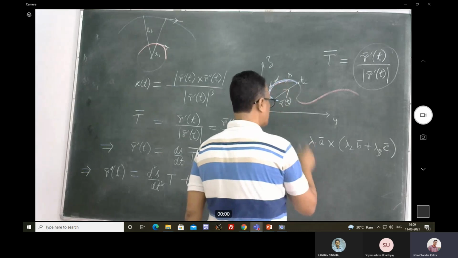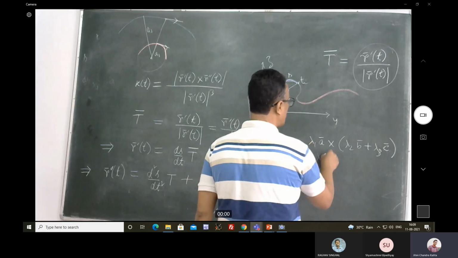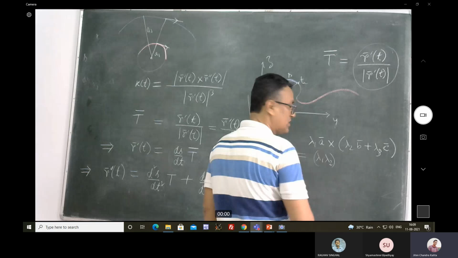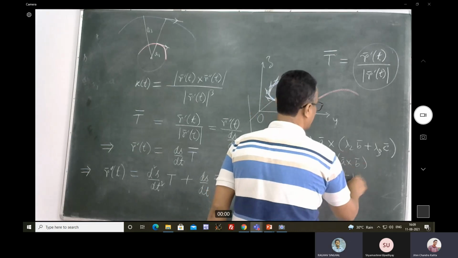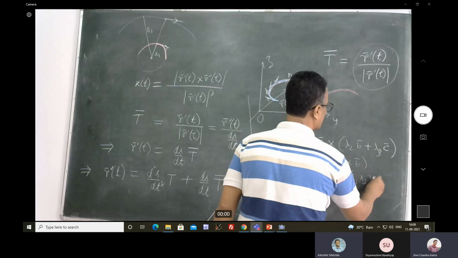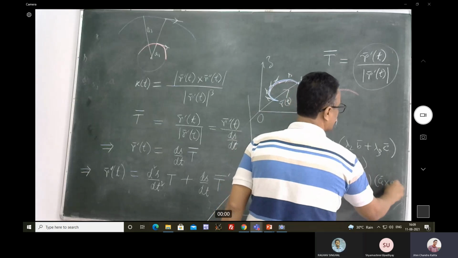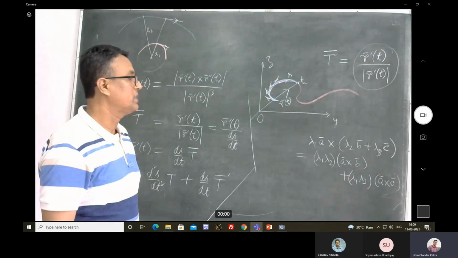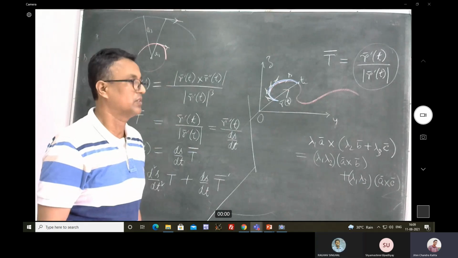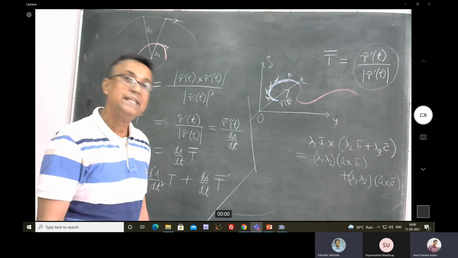So what you should do? Always bring those scalars together, and then it is going to be lambda 1 lambda 2 A cross B plus lambda 1 lambda 3 A cross C. This is the way we have to follow it. There cannot be any exchange of those vectors. Its order has to remain intact.